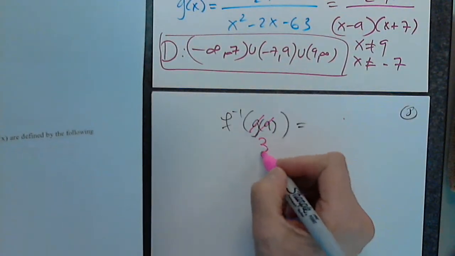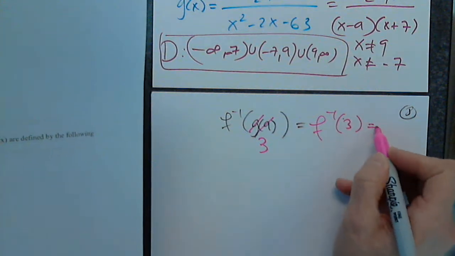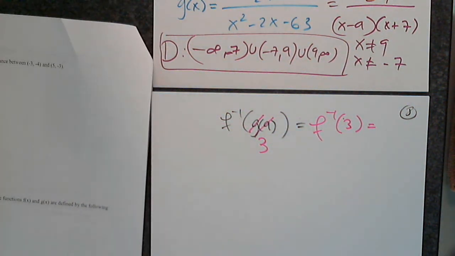Excellent. So this is 3. So then I have to find f inverse of 3. Not f of 3, but f inverse of 3.